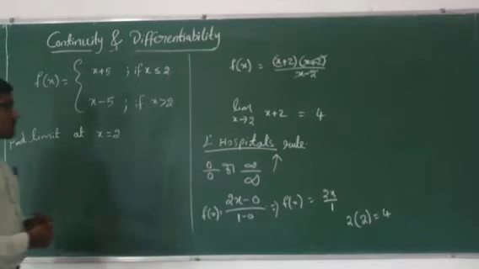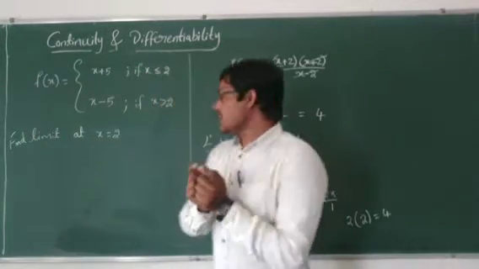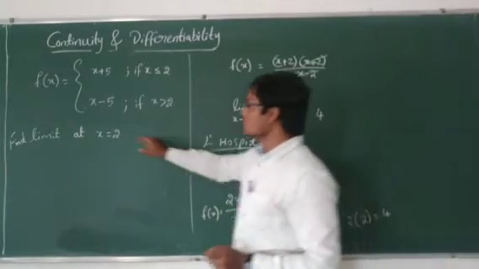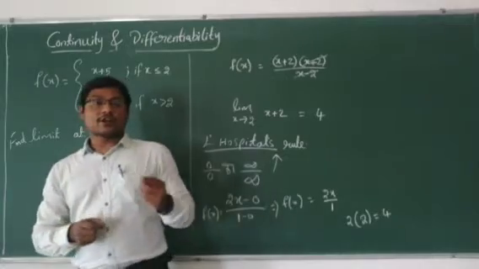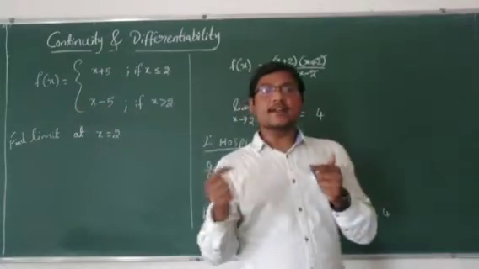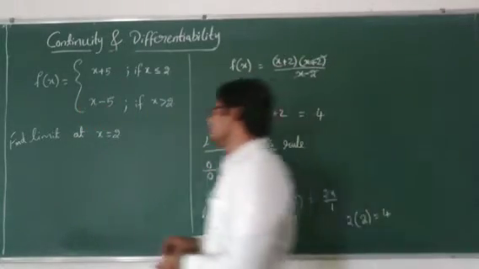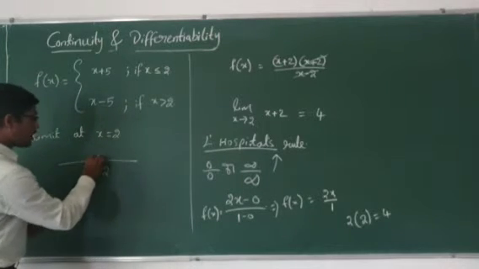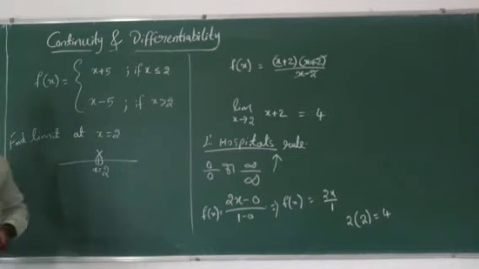Okay, let's see. When we say limit at x equal to 2, it does not mean you substitute 2 directly. You have to take it from the left hand side and from the right hand side. So if this is x equal to 2, we will not consider 2 only.